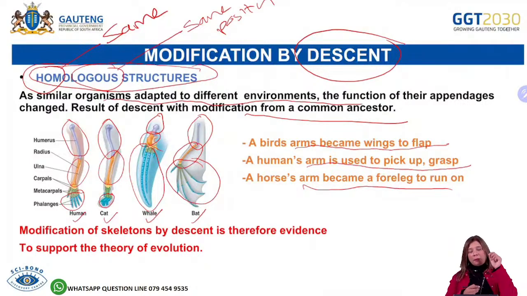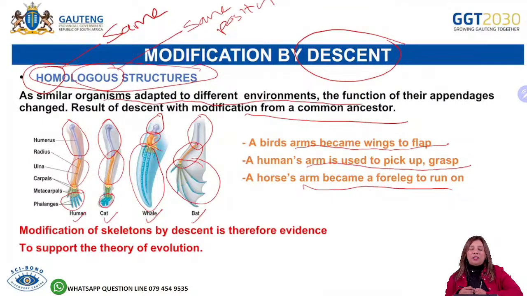So now, besides biogeography and fossil evidence, other evidence that we are talking about is modification by descent. You must not forget this term, grade 12. Please don't forget this term. It's important because when they ask questions on this section, usually they ask it in terms of multiple choice questions, or give the correct biological terminology, or short questions.